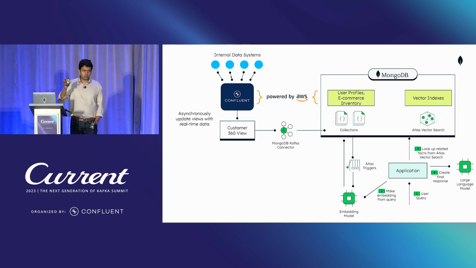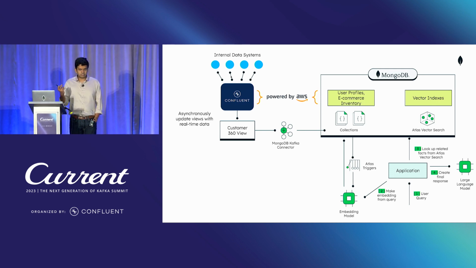Audio gets converted into text using a model called Whisper, that gets searched against MongoDB vector search, which can basically take a view over your 360 data to give you the most appropriate responses, and be aware that certain inventory items are going out of stock, so not show those as recommendations, etc.